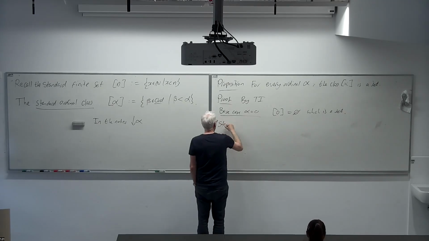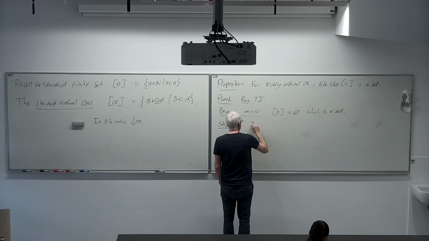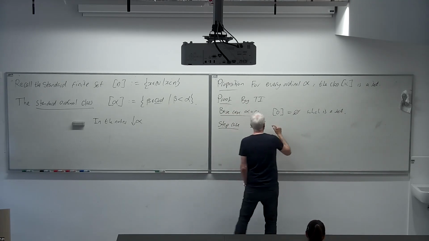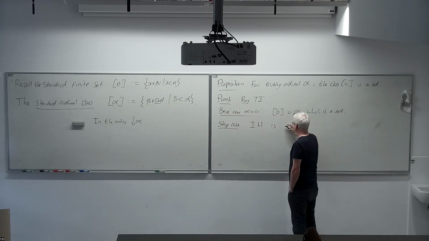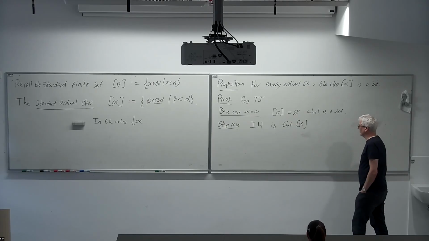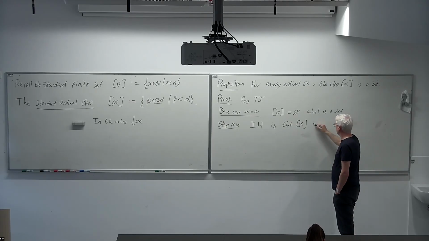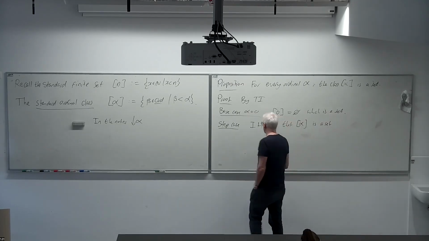For the successor case, the induction hypothesis, IH, is that the class of ordinals strictly less than alpha is a set.